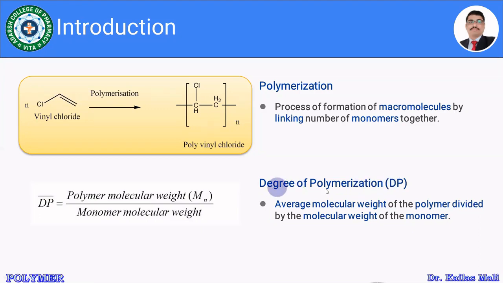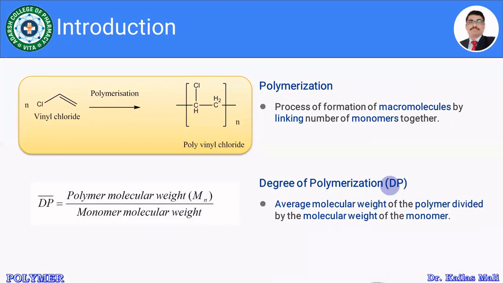As I have said, it is one of the important parameters responsible for the physicochemical properties of the polymer. Degree of polymerization means the average molecular weight of the polymer divided by the molecular weight of the monomer; that is known as the DP or degree of polymerization.